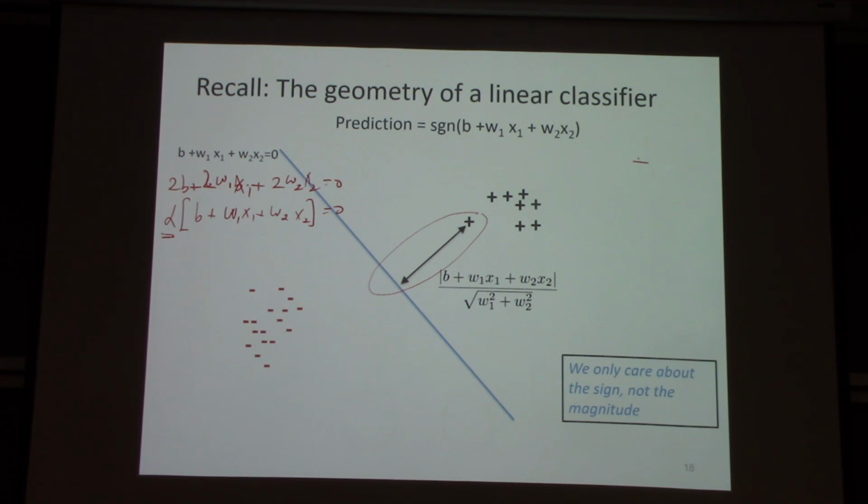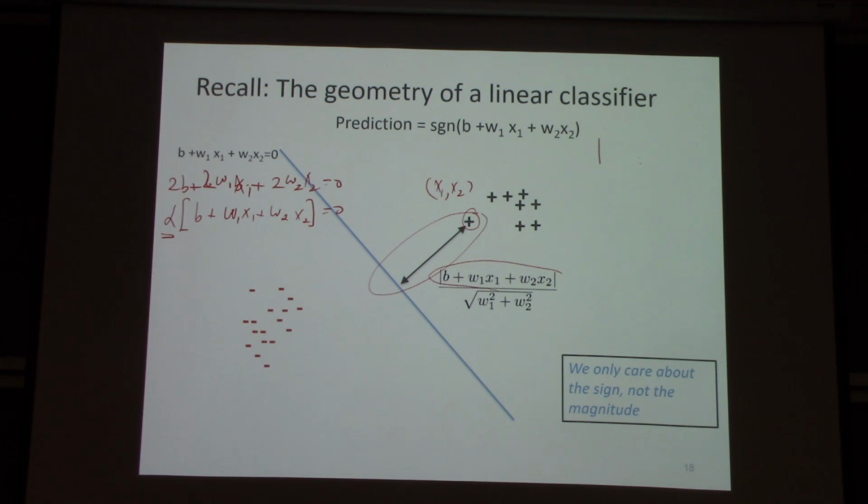So I want an alpha such that for this particular point, let's call this x1, x2, this point here, suppose I knew the closest point, and I want it to have a functional margin of 1. What does that mean?